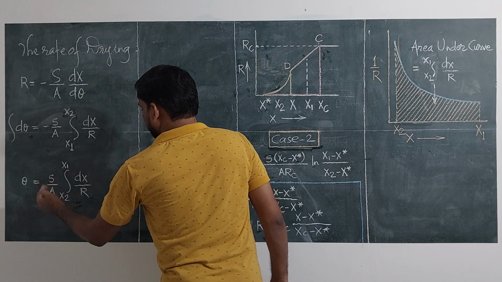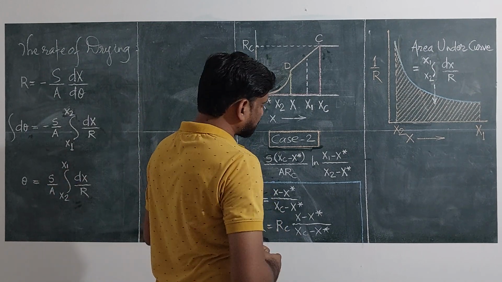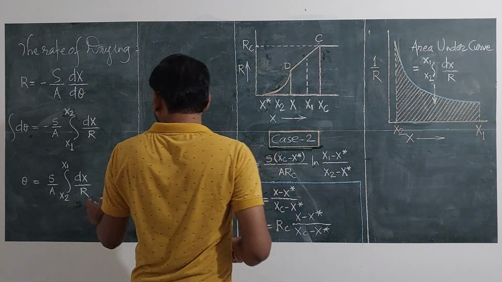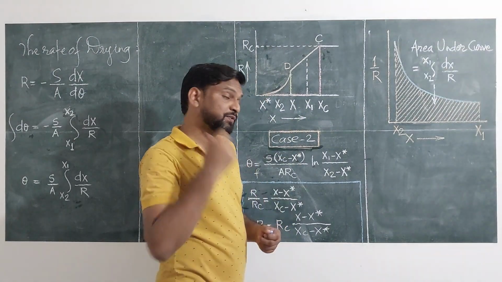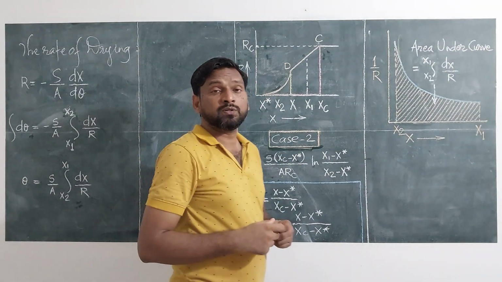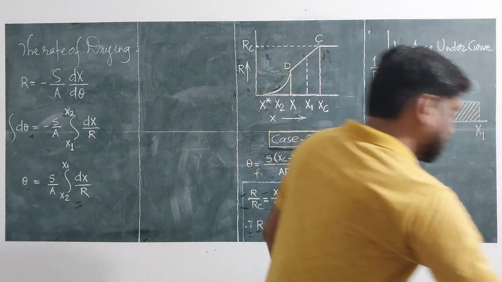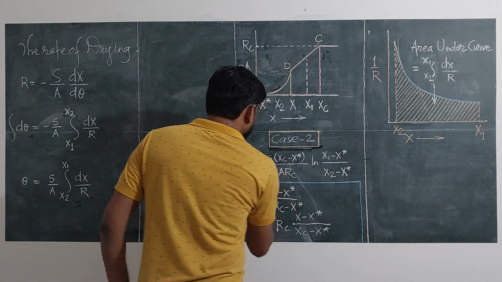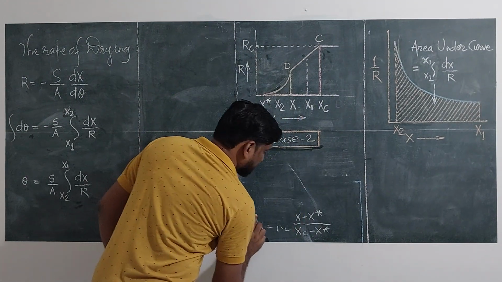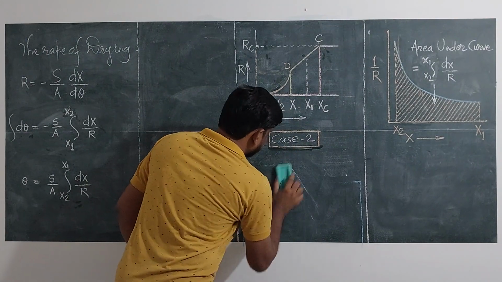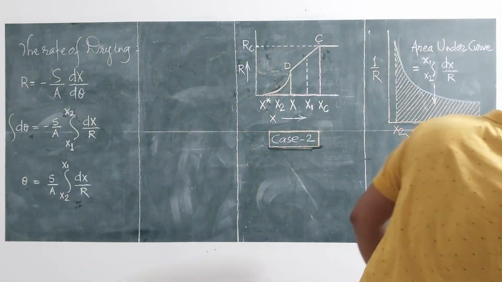Theta is equal to S divided by A multiplied by this integral term. Here in this case there is no specific R, but we have the data R versus x. So let us erase this derivation.